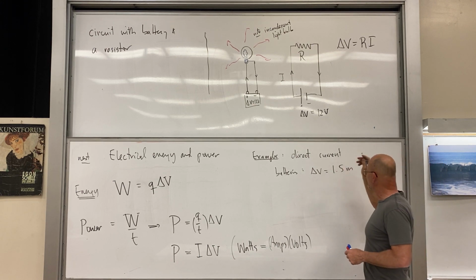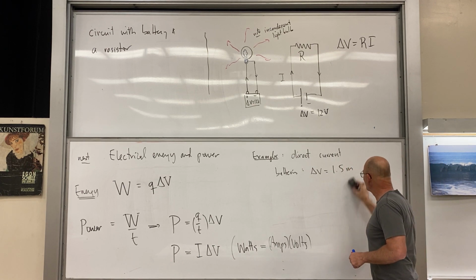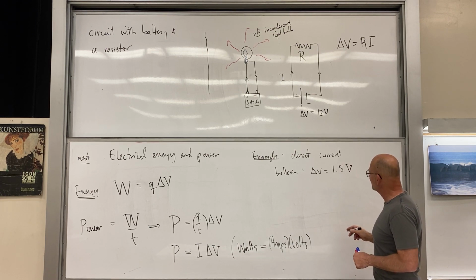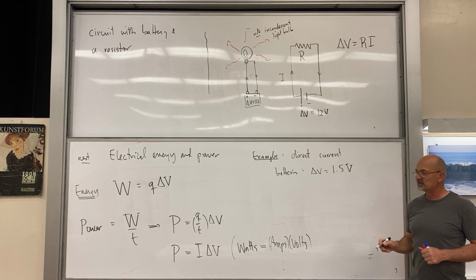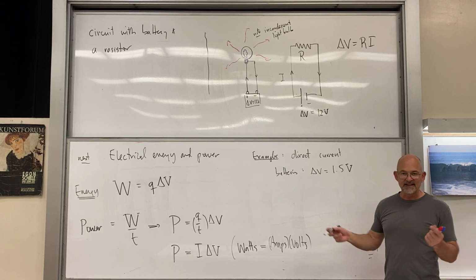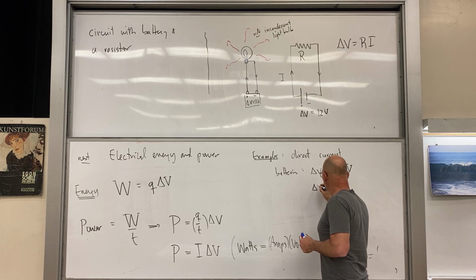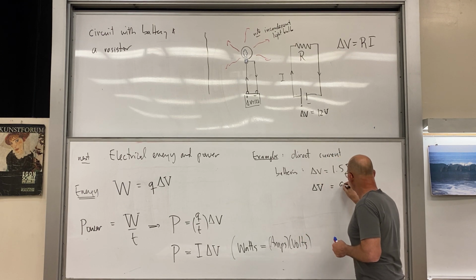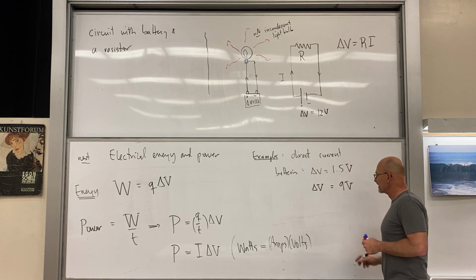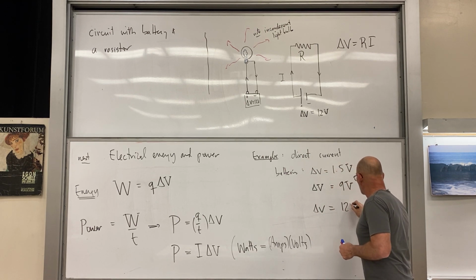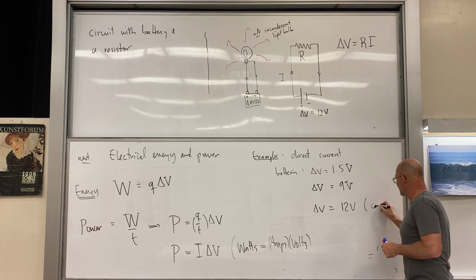We have 1.5 volts, very common, little AA, AAA, C, D cells, that kind of thing. We also have 9-volt batteries, and then 12-volt, those are our car batteries.